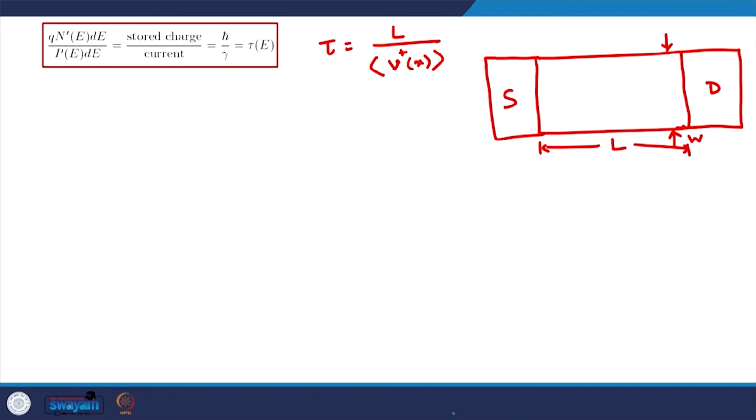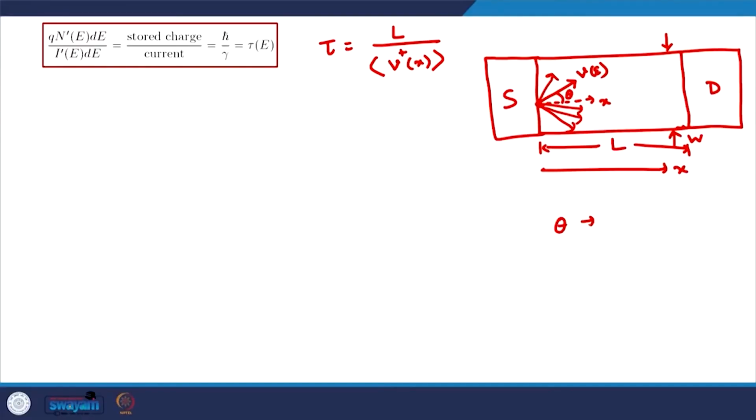So, for any arbitrary electron, if this is the positive x direction, the electron can start from the source at an angle theta from the x direction with velocity v e. Some electrons will start in this direction, some in this direction. These are the various possibilities for electrons starting from the source to the drain side.